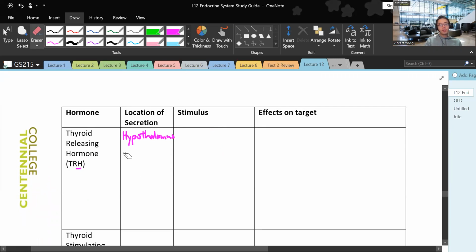What triggers the release of TRH? Well, we have two things here. Low metabolism, which really is low T3 and T4. What does it do? Thyroid releasing hormone will increase TSH from anterior pituitary gland.